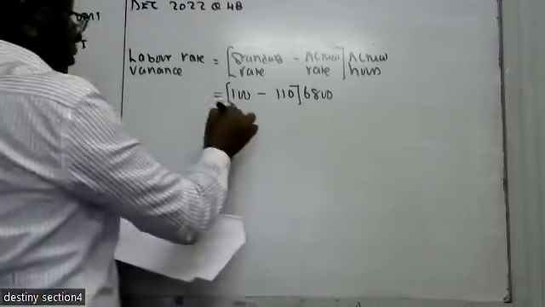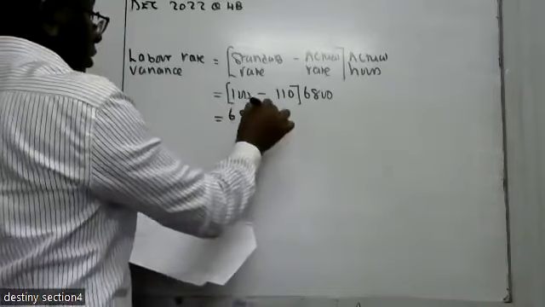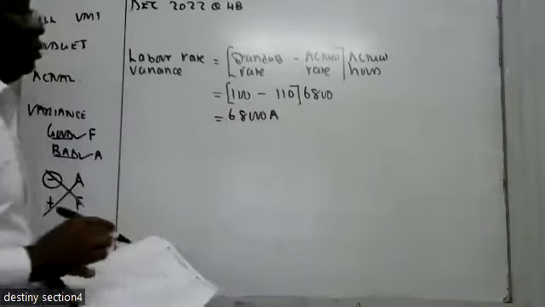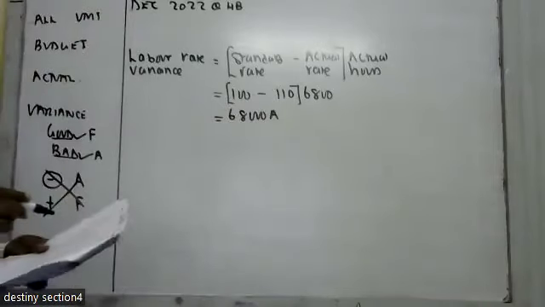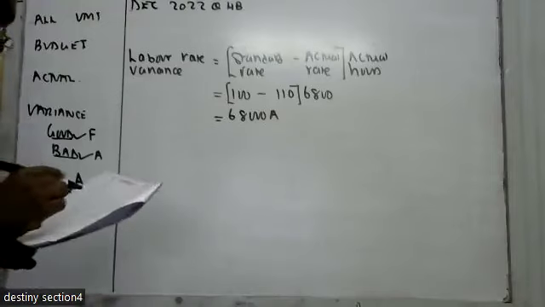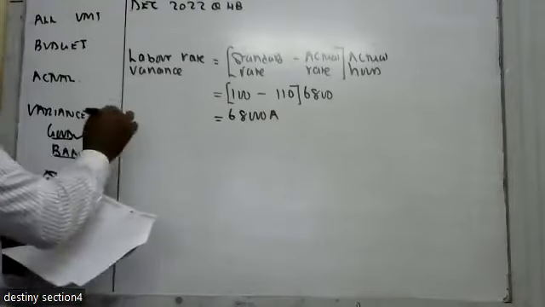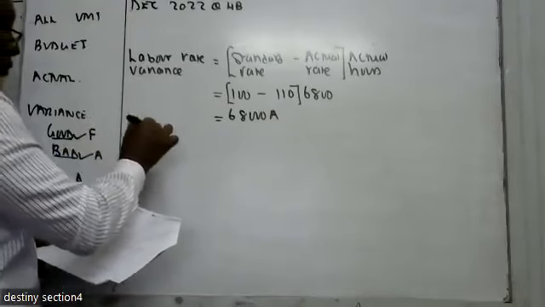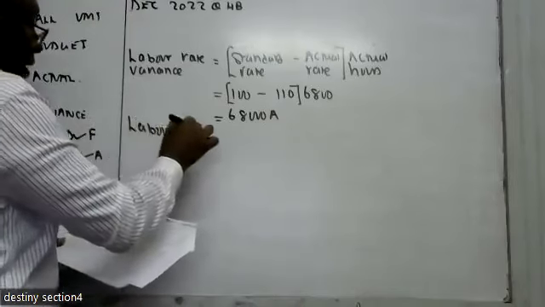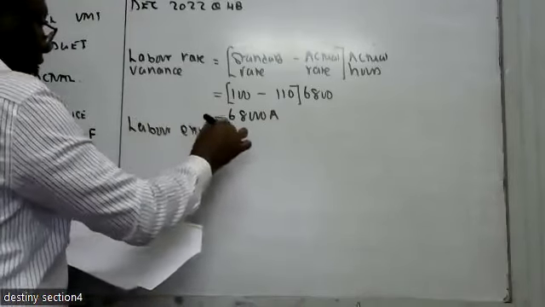It's 8,000. Adverse, because we paid more. Then labor efficiency variance.